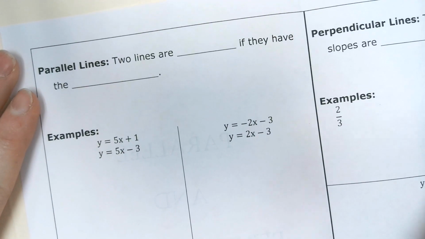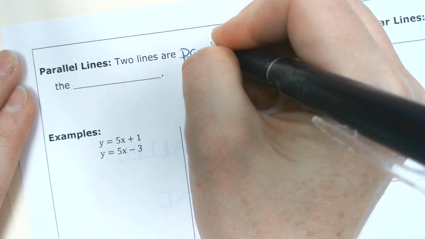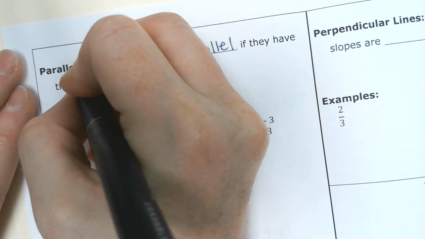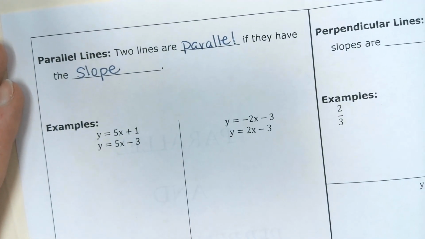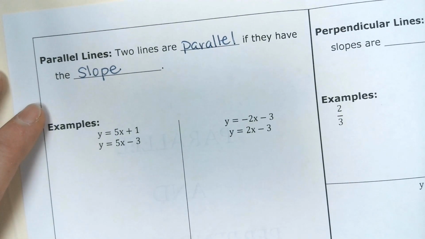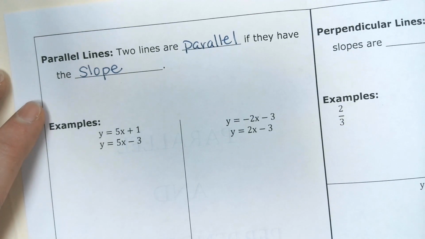Parallel lines. Two lines are parallel if they have the same slope. Slope is the steepness. So if they have the same steepness, they look the same, then they're parallel.